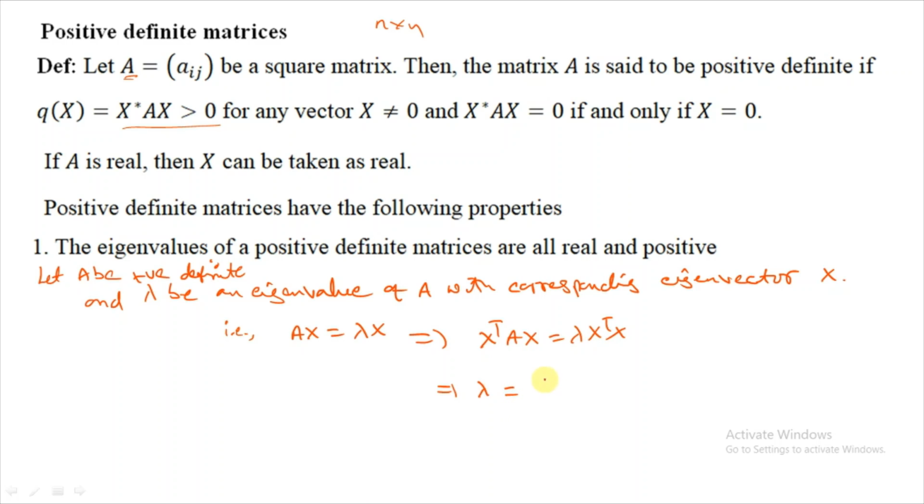Lambda equal to x transpose A x divided by x transpose x. We know x transpose x is always greater than 0. Already we know this one. And if A is positive definite, that means x transpose A x is positive.